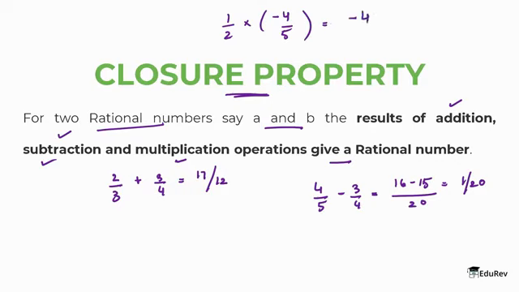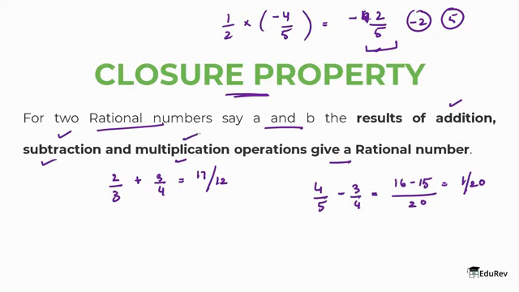My result is going to be minus 2 by 5, correct? Where minus 2 and 5 both belong to integers, and minus 2 by 5 is of the form p by q, where q, that is 5 in this case, is not equal to 0. Therefore, we can say that minus 2 by 5 is nothing but a rational number. Hence, we have also proved the closure property for multiplication.